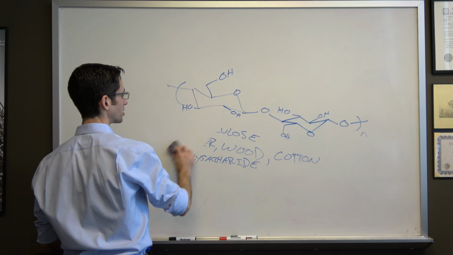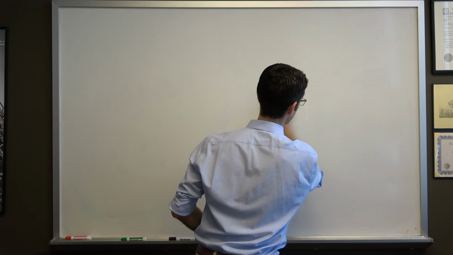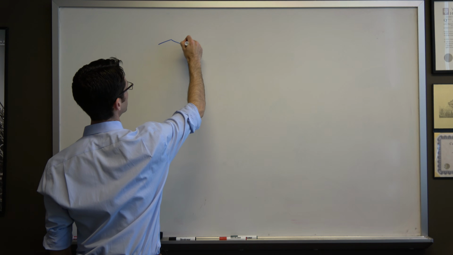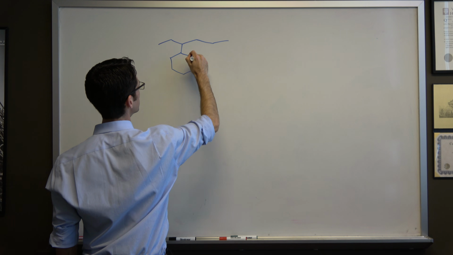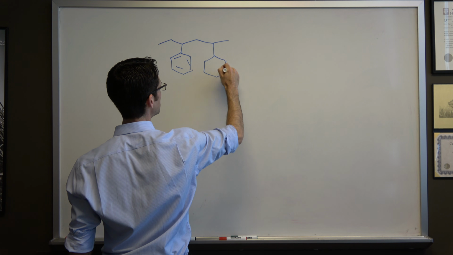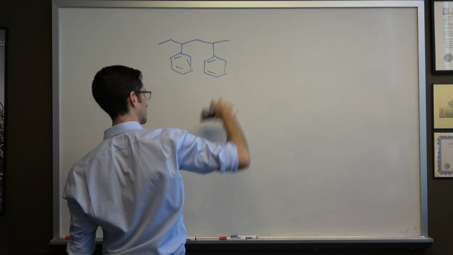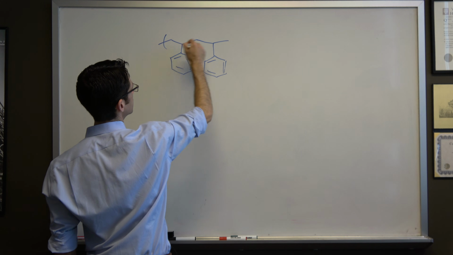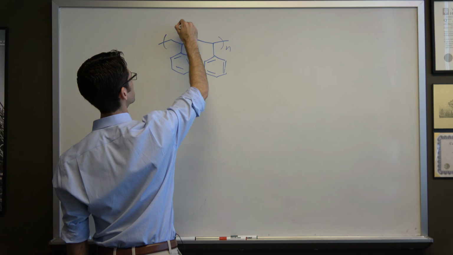So what is the structure of polystyrene? So polystyrene has a structure that's like polyethylene, but every other kink in the chain, we have a benzene ring. Sometimes a benzene ring is called a phenyl group. And this is polystyrene.